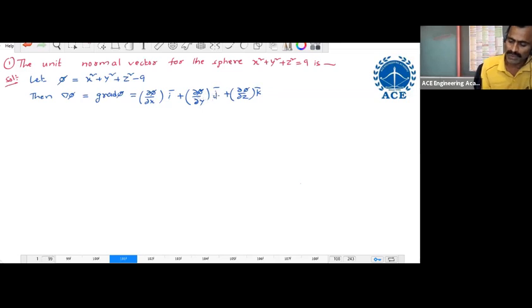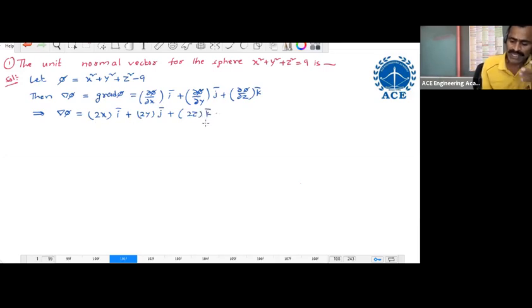Which implies del phi equal to, for this scalar function of 3 variables x, y, z, we require the partial derivative of phi with respect to x, that is 2x into i bar, plus 2y into j bar, plus with respect to z, 2z into k bar.